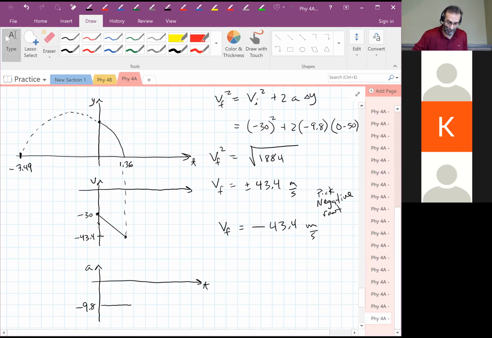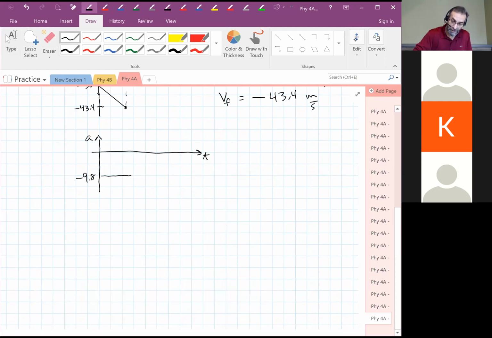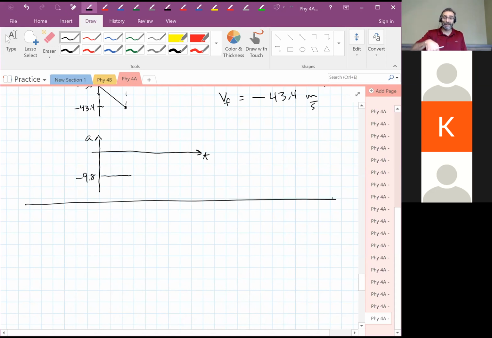Okay? So now what I want to do is we'll do the same problem, not this one, that's for later. You're standing on the cliff, but instead of throwing the ball down, you're going to throw the ball straight up into the air this time.